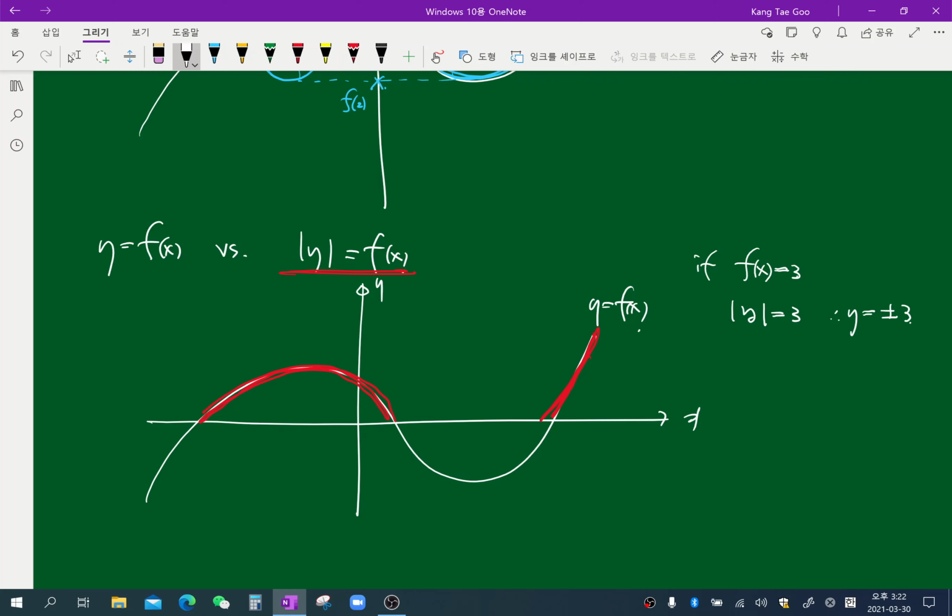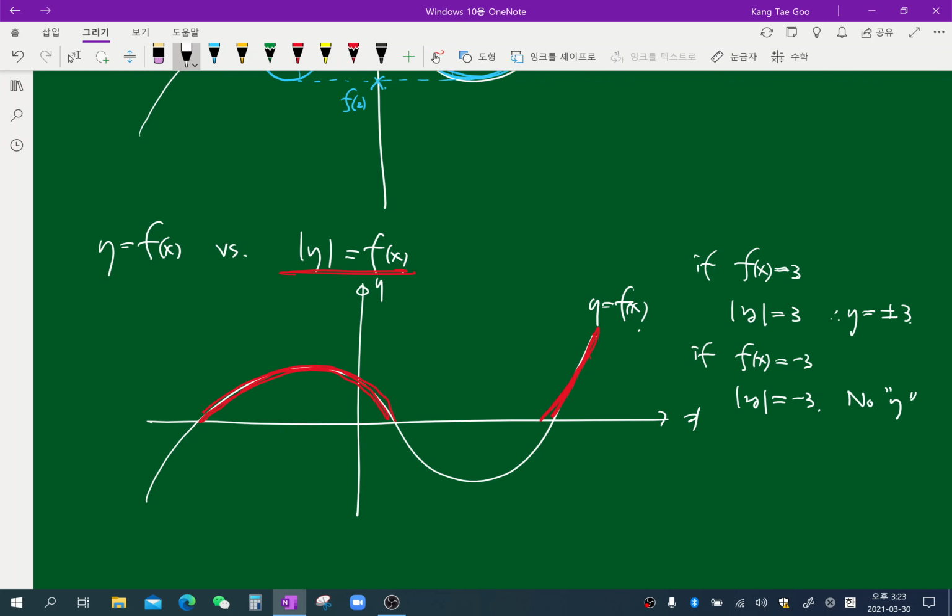So for one value of x, we have two y values, correct? And if, for example, f(x) is negative 3, then what happens? |y| = -3, right? No y value. Absolute value cannot be negative, right?